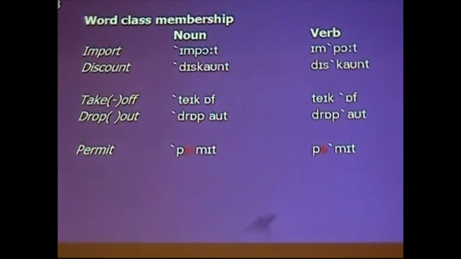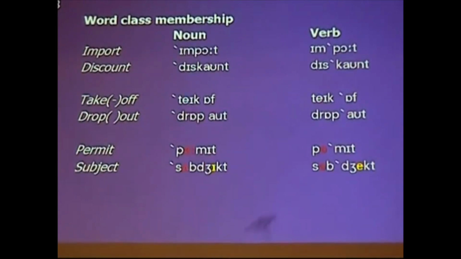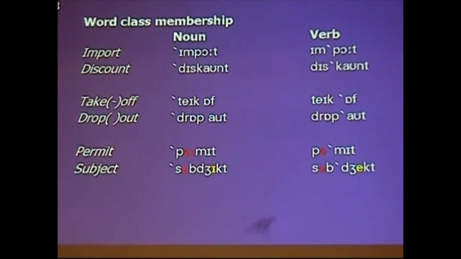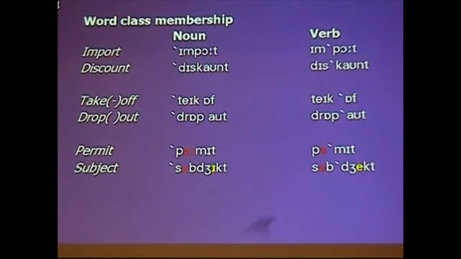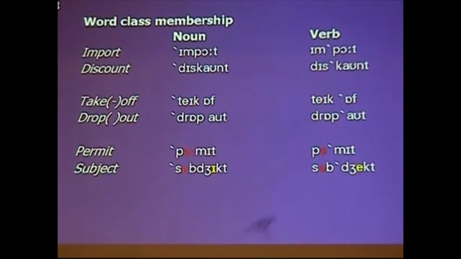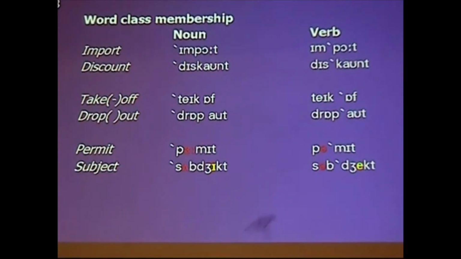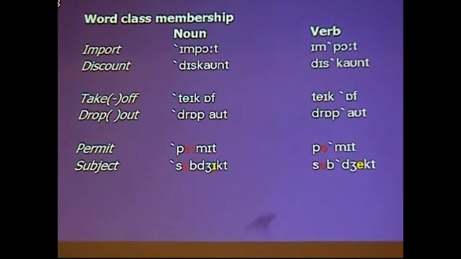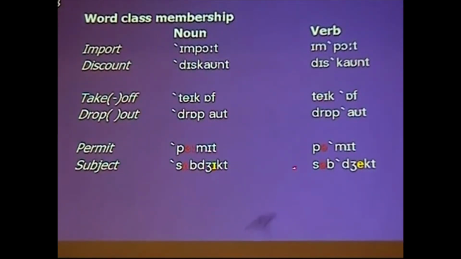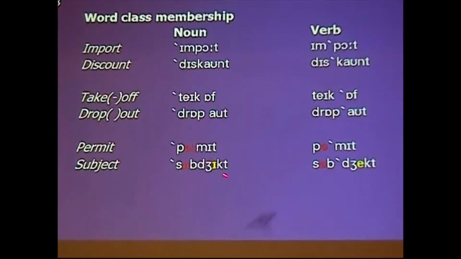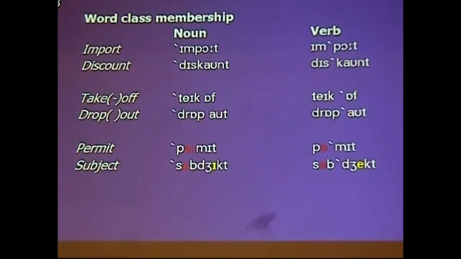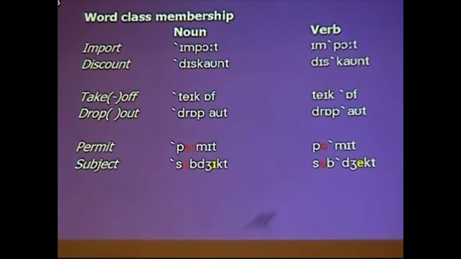Sometimes, though, you've got strong, weak vowel relationships of the sort that you've got in subject versus subject. You've got the stressed vowel weaken into schwa, but you've got the I, which is on the weaker side of the stronger vowels. Remember, nothing is ever cut and dried in English.